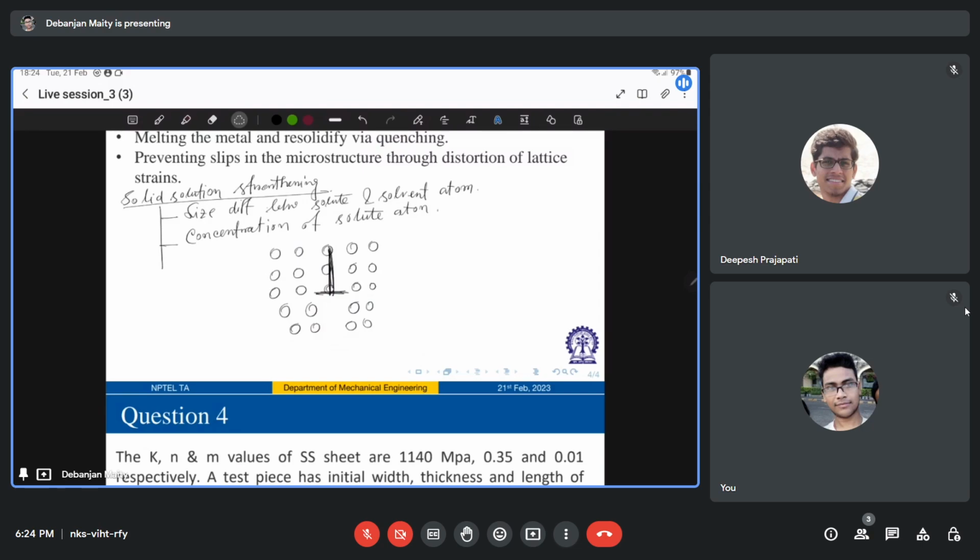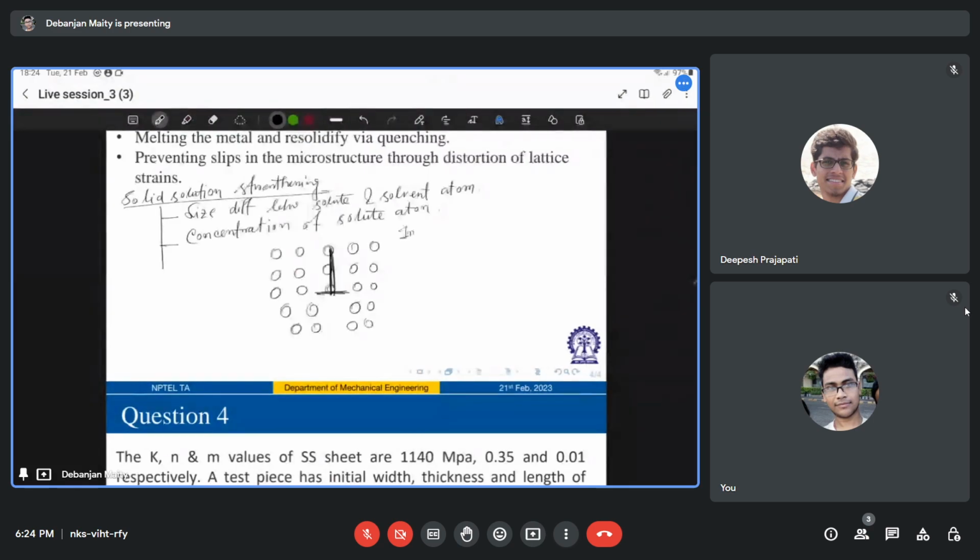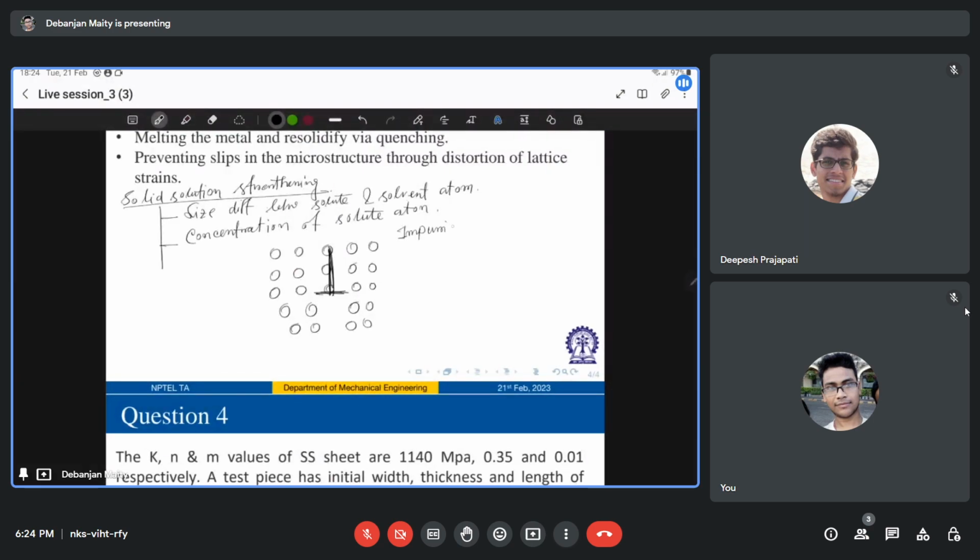Basically what happens is impurity atoms distort the lattice and generate the lattice strains. So there will always be some kind of impurity atoms, right?